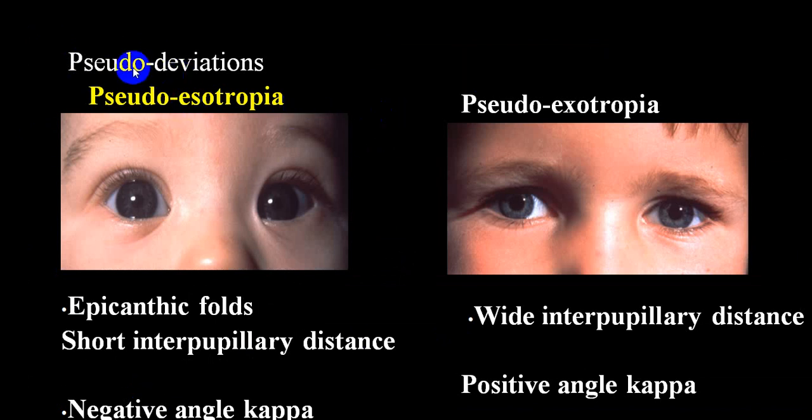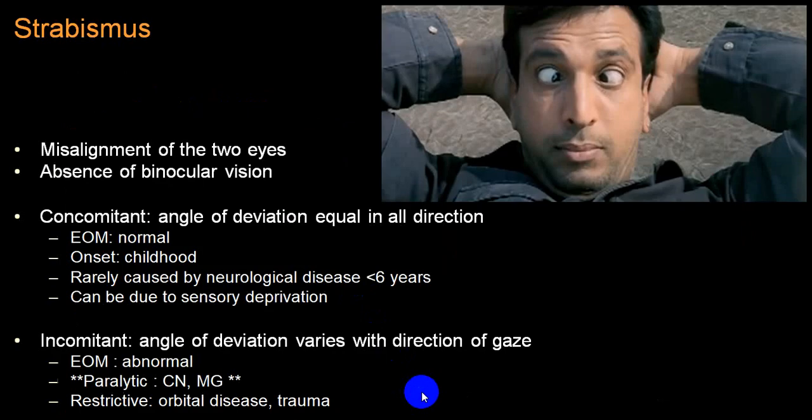Pseudo esotropia, also called pseudo deviation, and here you can see that it is pseudo esotropia because of excess of epicanthal fold. So when the epicanthal fold is more, it will appear as if there is esotropia. So that can be identified by the cover uncover test and examination.